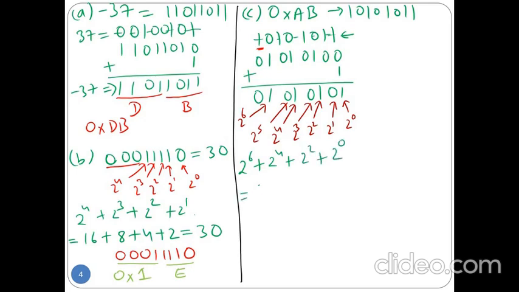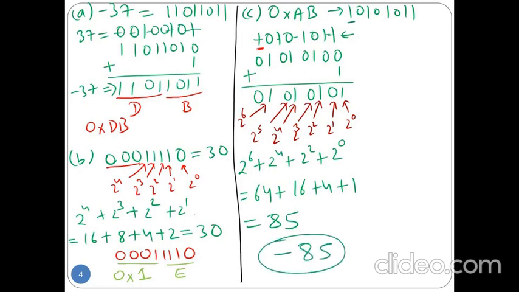So this is basically 64 plus 16 plus 4 plus 1, which adds up to 85. So the magnitude of this number is 85, and because the leftmost sign bit is 1, the number is actually minus 85. This is the answer.